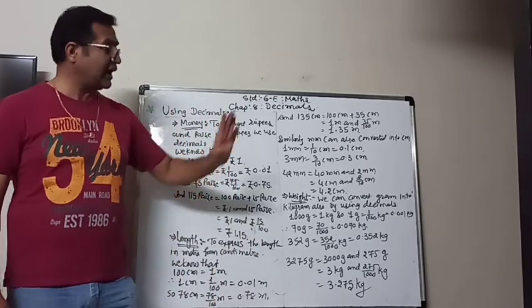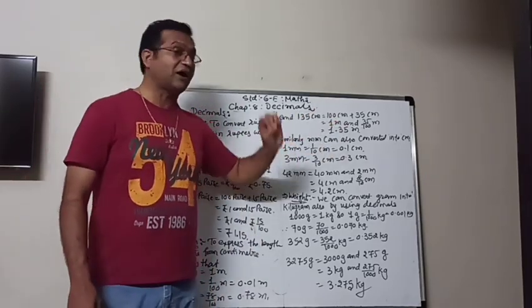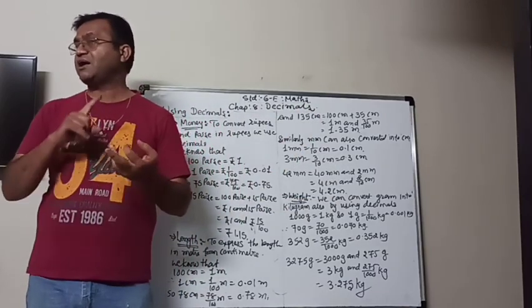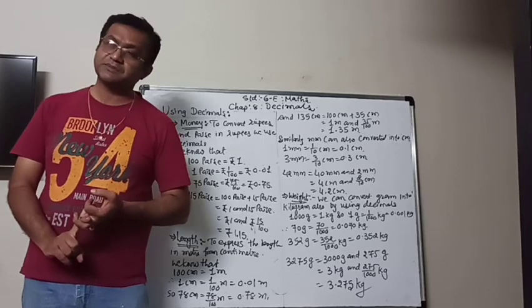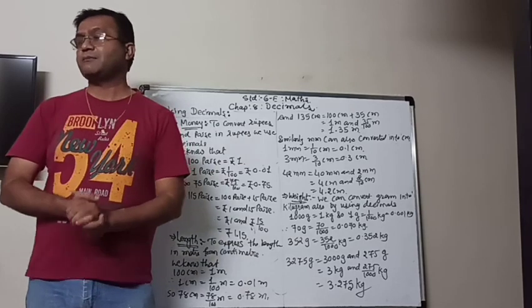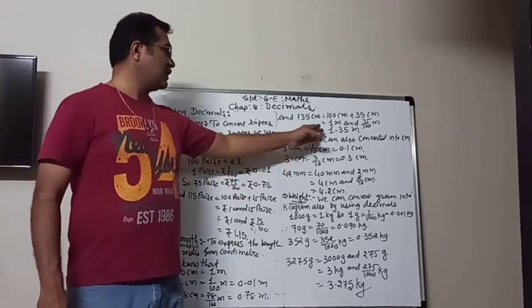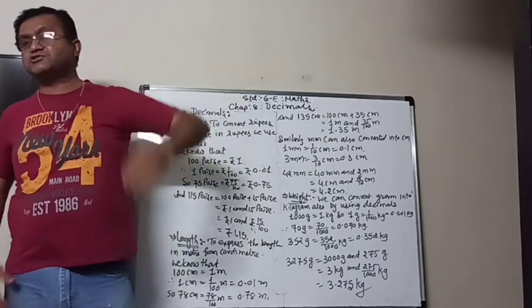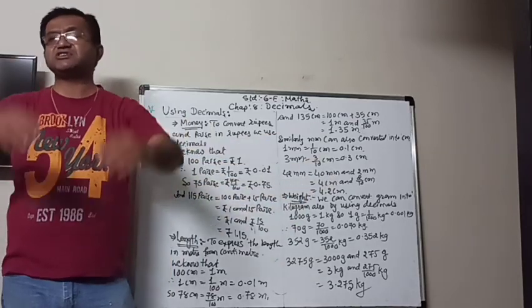So it is 1 meter and 35 upon 100 meter, because 35 centimeter is 35 hundredths of a meter. So when we combine them together, it becomes 1.35 meter.